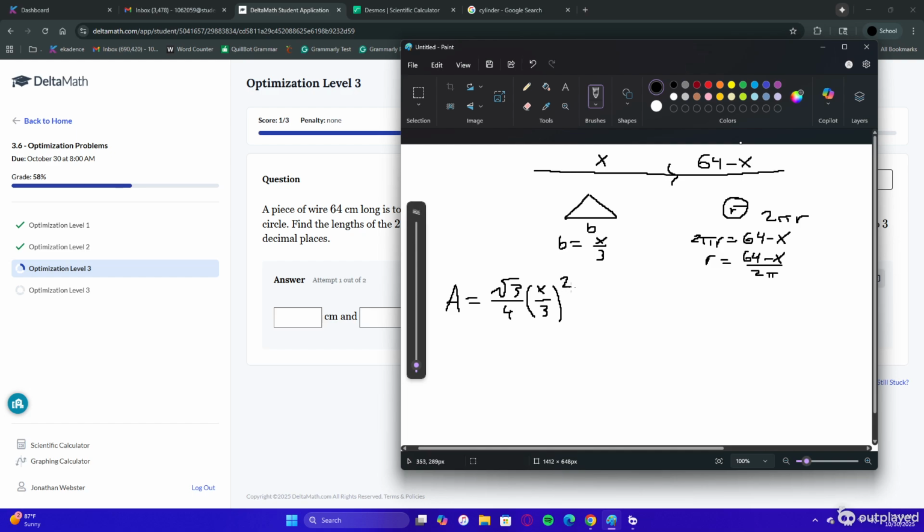X over 3 squared, sorry. And then plus, because we're doing the sum of these two. The area of a circle is pi r squared, so we'd write pi, and then this squared, so 64 minus x over 2 pi squared.